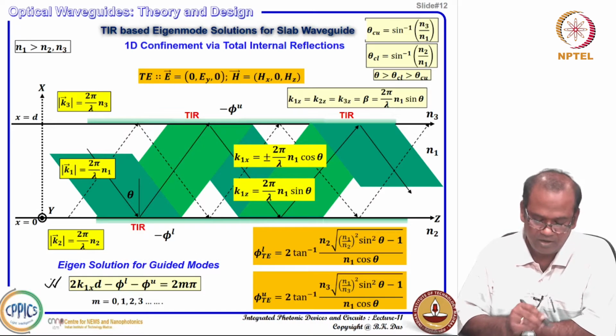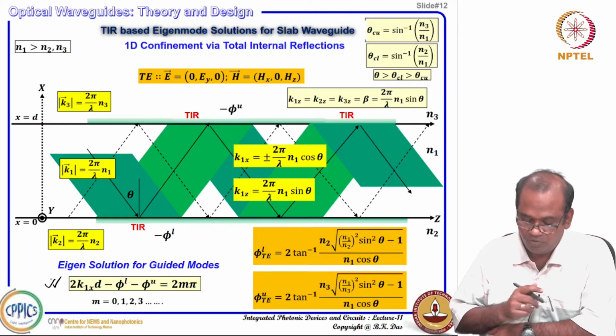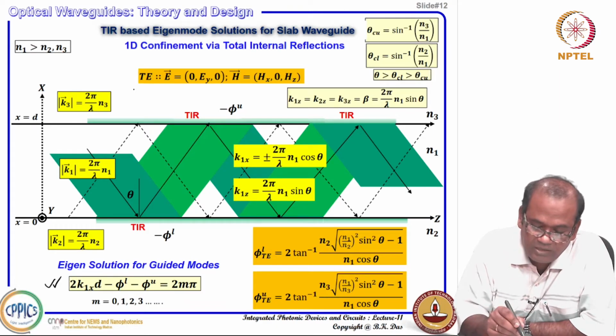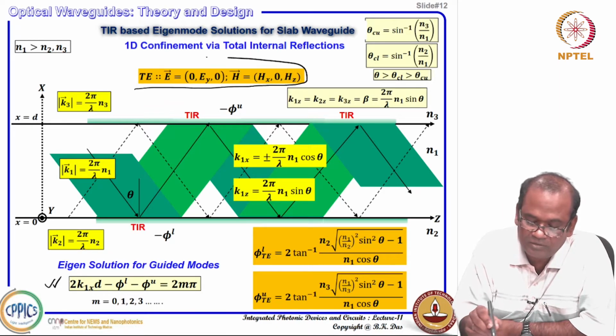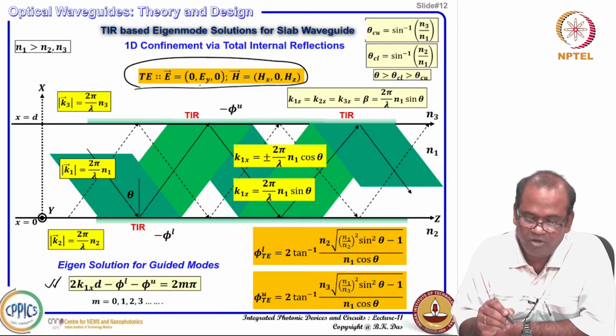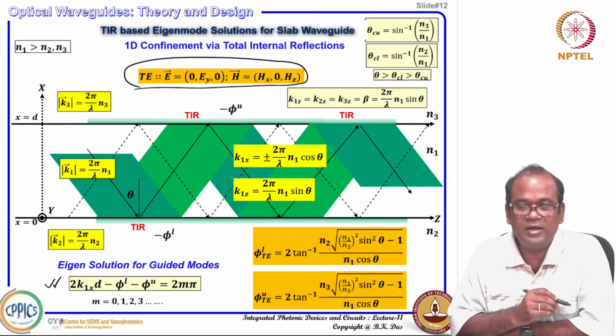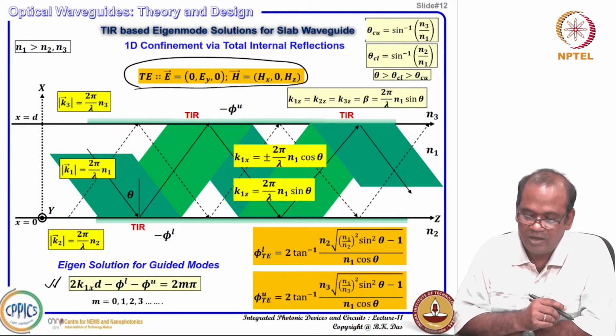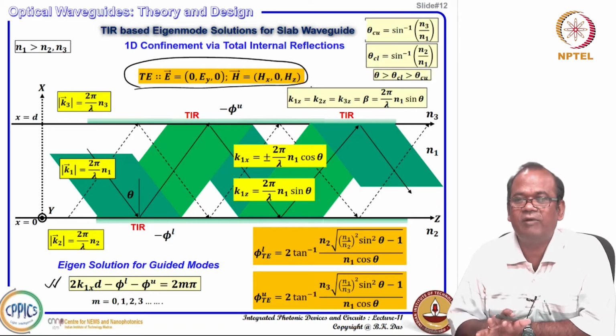Written down here is the Eigen solution for guided modes, where if you are just considering TE polarization, you know TE polarization, in this configuration reference frame the electric field will be oscillating only along the y direction, only the y component is there, and the magnetic field will be in the xz plane.